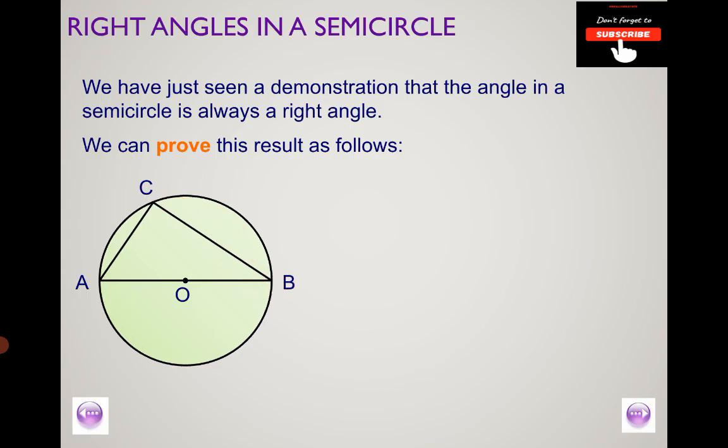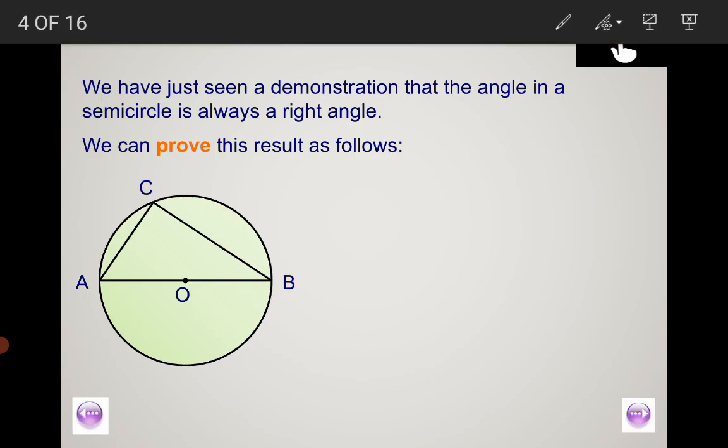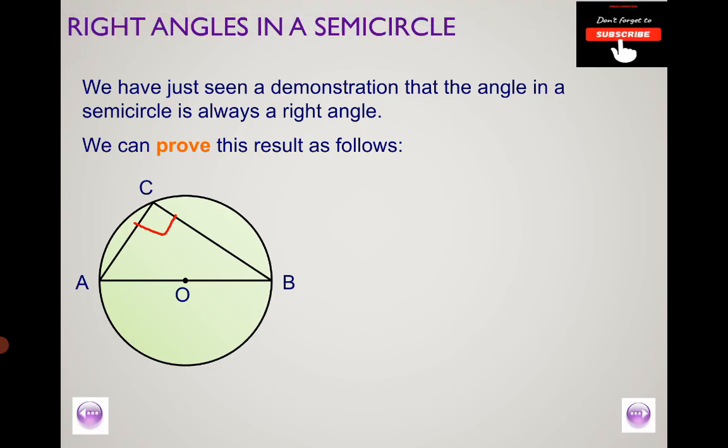Inside it we have an angle, this one. So that angle is 90 degrees. How can we show that indeed this angle is 90 degrees?